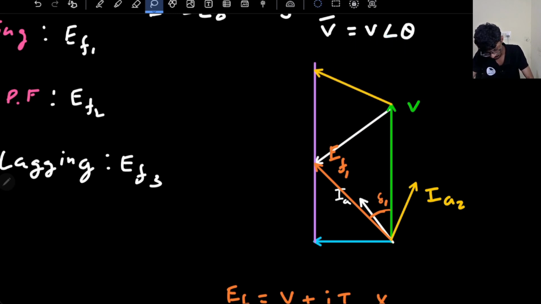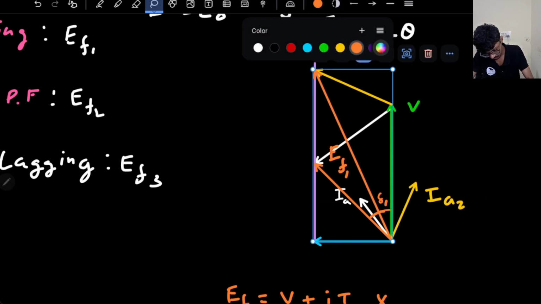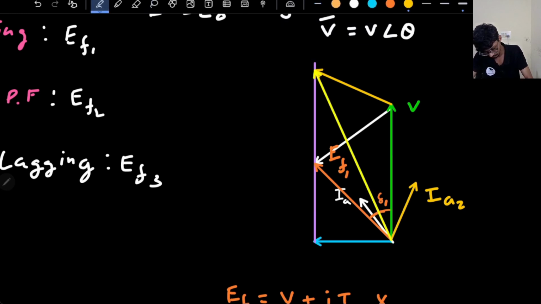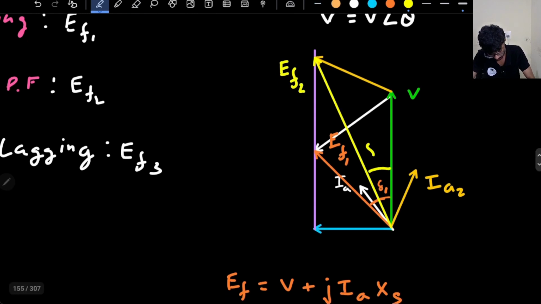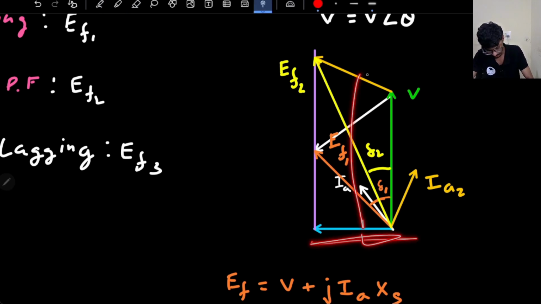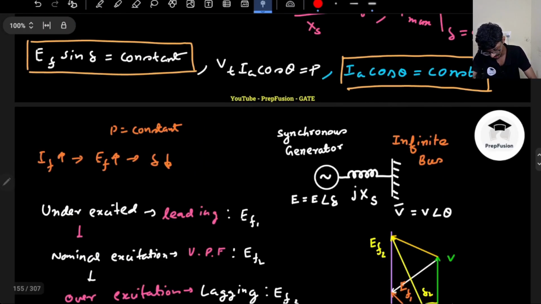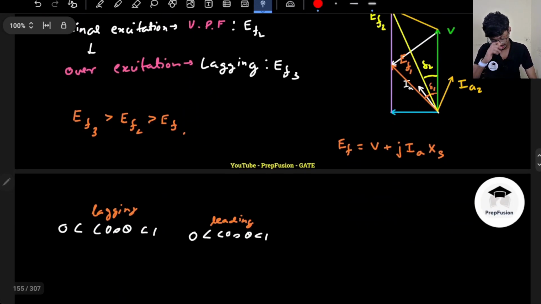The new EF will be this. Let's say this is EF2 and this is delta 2, but again EF2 sin delta 2 has to be constant.